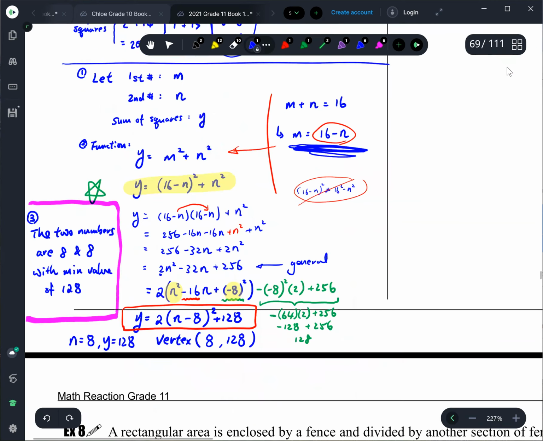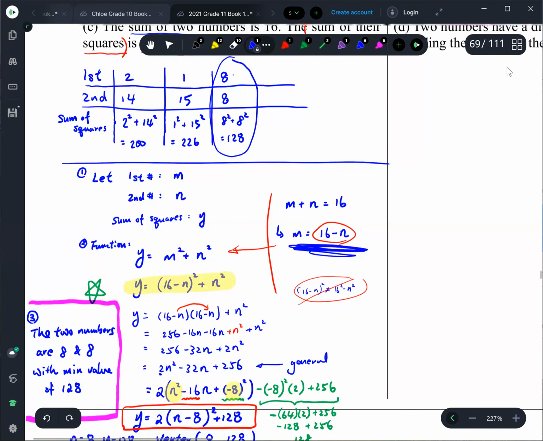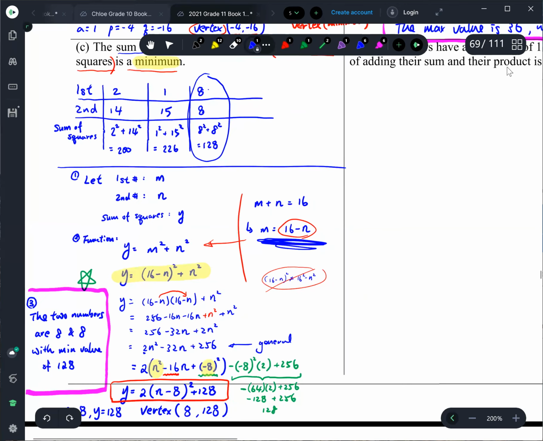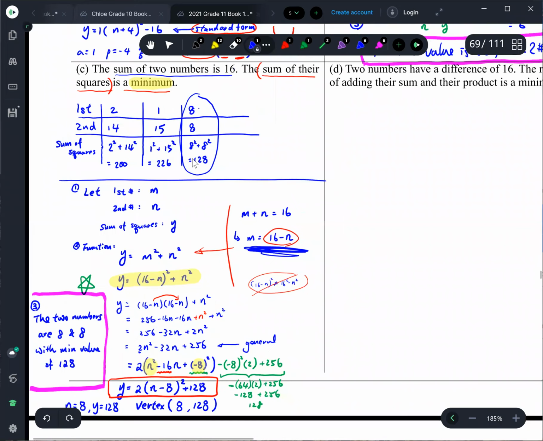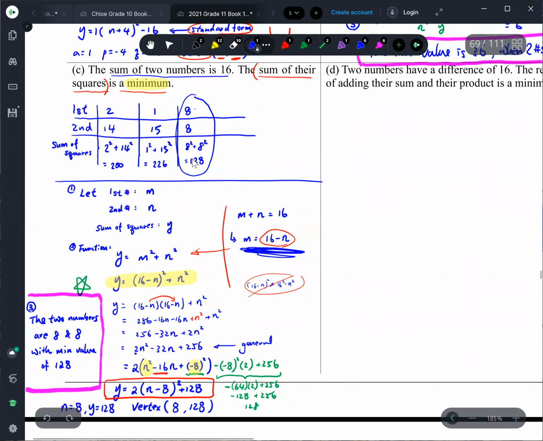So it will be impossible to get anything lower than 128. So the two numbers must be 8 and 8. Okay, any question about this one? Okay, can you raise your hand if you're ready to move on to D?